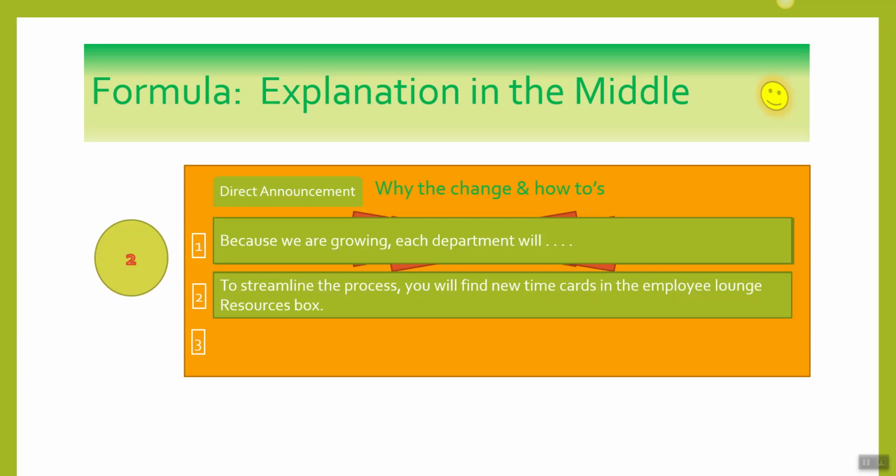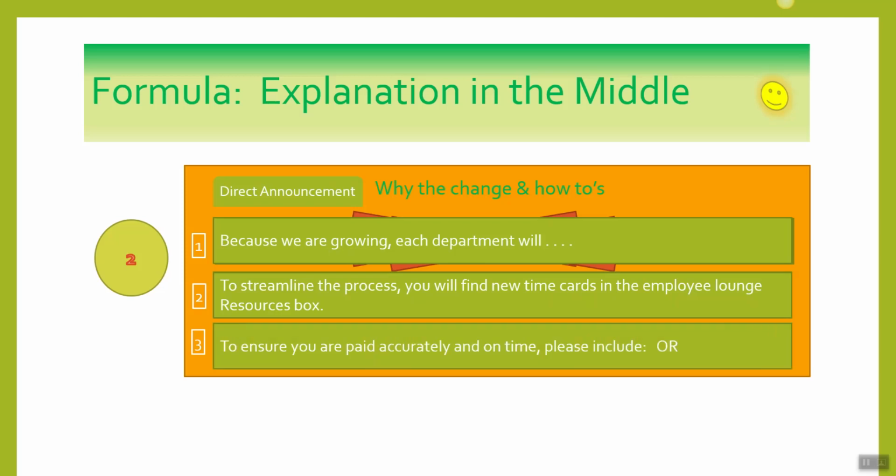And then your final sentence, the third sentence, will be your leader sentence into your list. So you have a couple choices here. In both cases, you want to say not the negative, if you expect to get paid, which is how you feel at first. You want to say, to ensure that you are paid accurately and on time, please include.